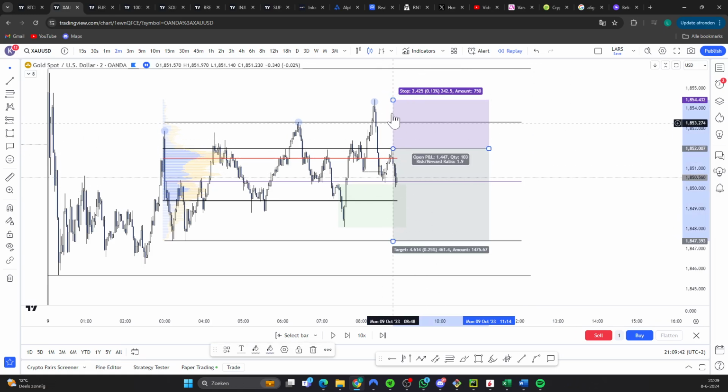No. Like the invalidation is above that high. You would have to enter on the retrace.